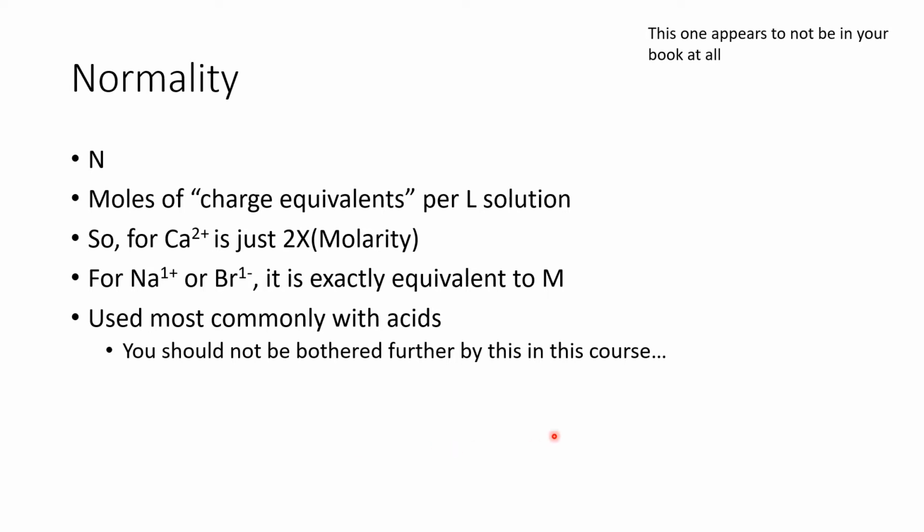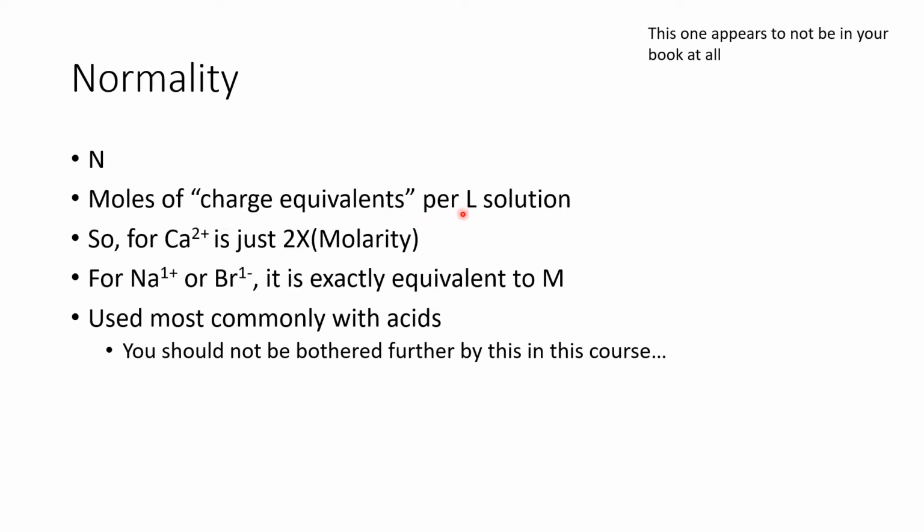Another concentration type is normality, and I couldn't find this one in your textbook at all. Let me know, somebody, if you do find it. It's capital N, and so it's a little more confusing. This is usually used with acids and sometimes with charged species like ionic solutions. So it's moles of charge equivalents per liter.